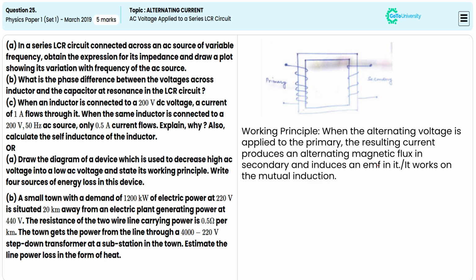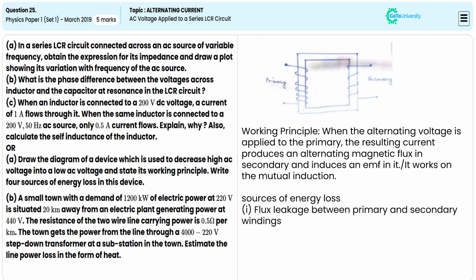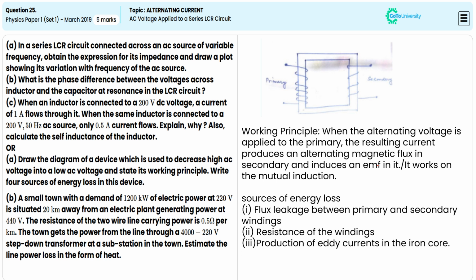Then, the sources of energy losses here: the first is the flux leakage between primary and secondary winding, and the resistance of the windings. Then the production of eddy currents in the iron core and magnetization of the core. These are some of the energy losses in this device.